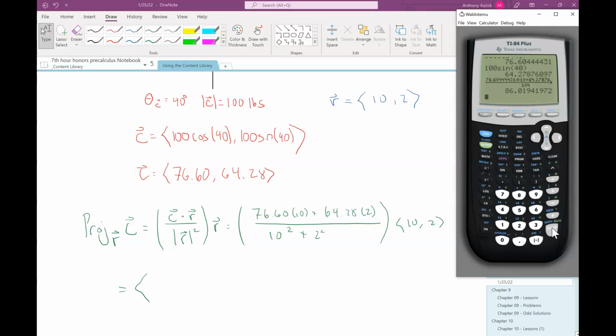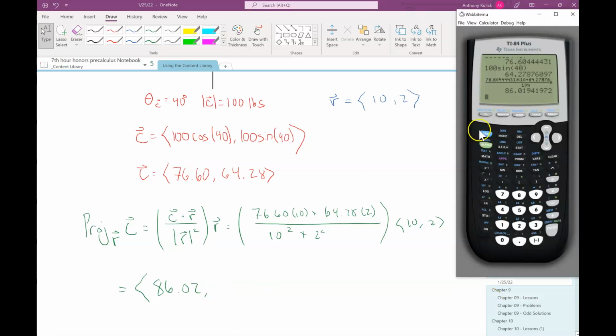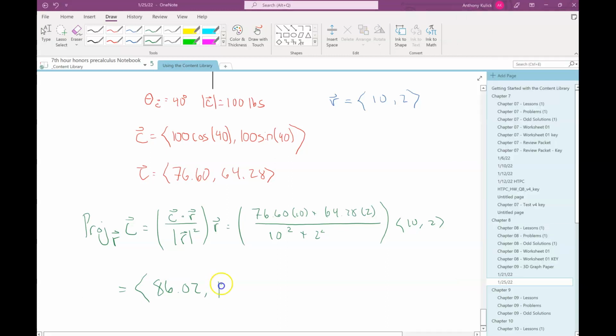So 8602 for the first component. And 1720 for the second component.